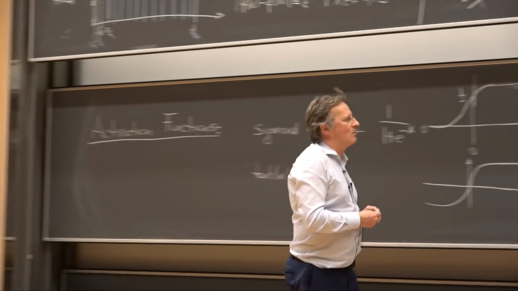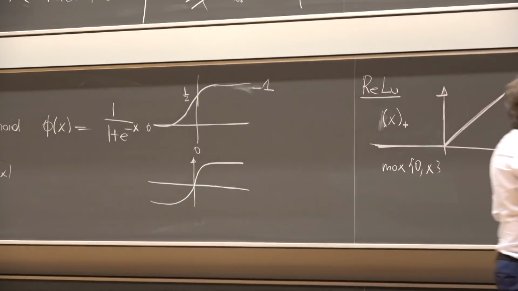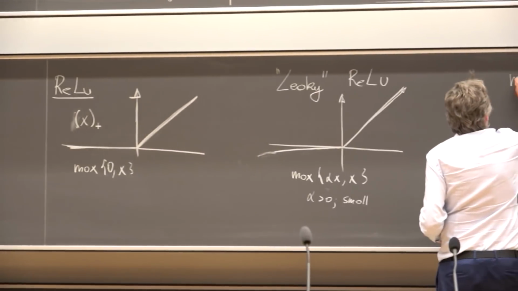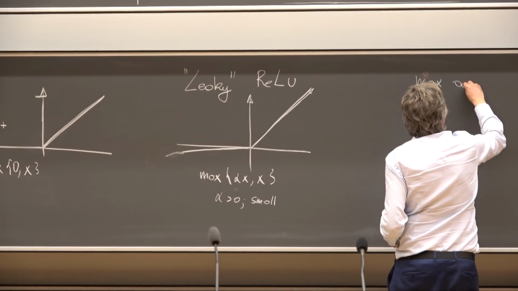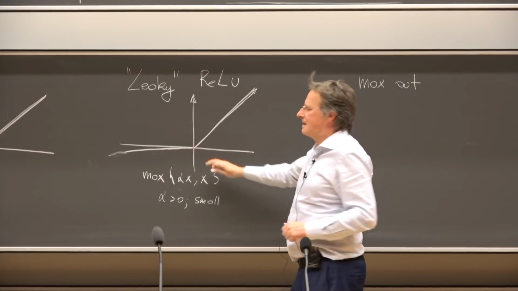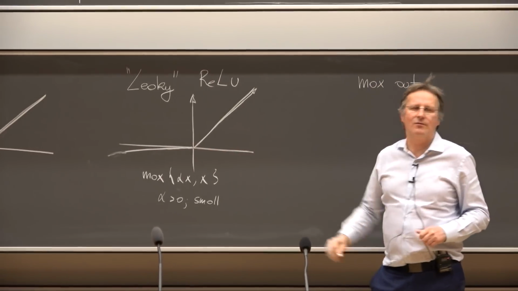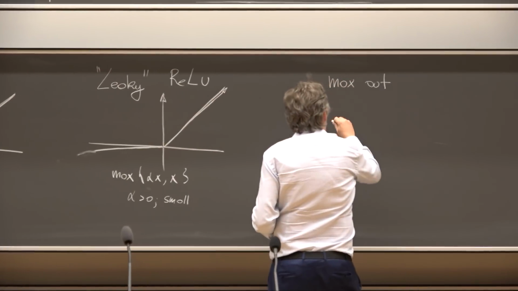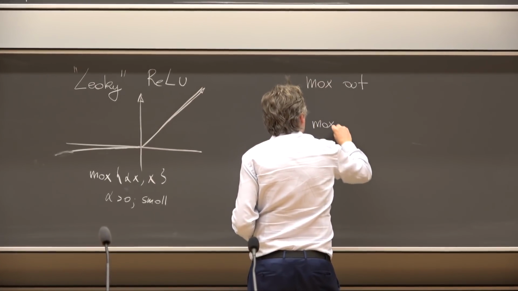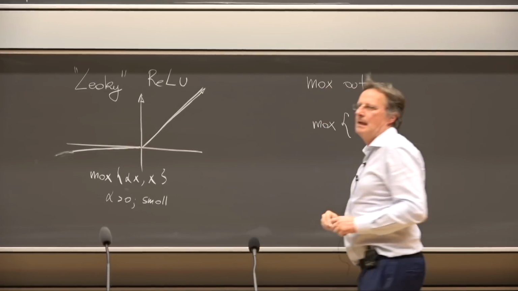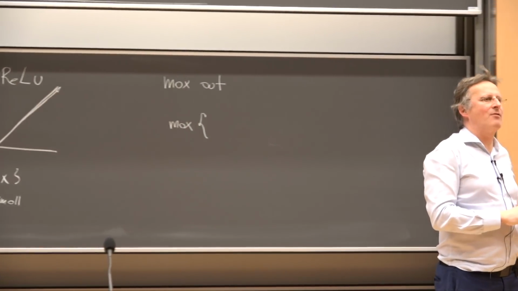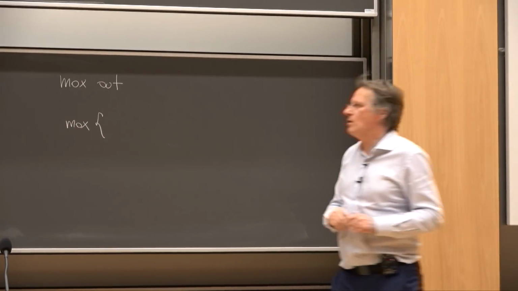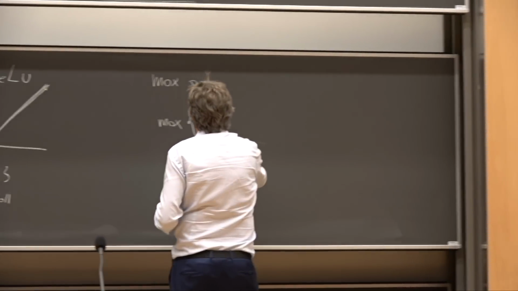And there are many, many other ones. One I still have in the notes is called maxout. Maxout is a little bit like a generalization of this. Again, you have the max, and now you simply take the max of several linear functions.